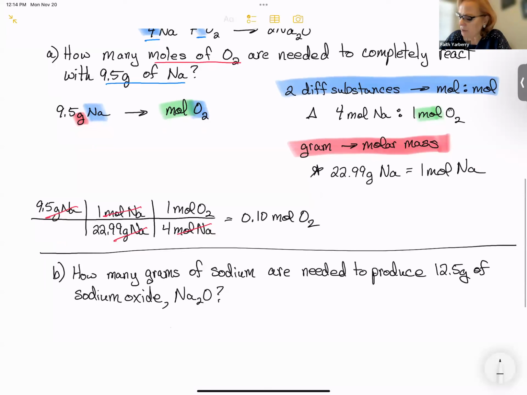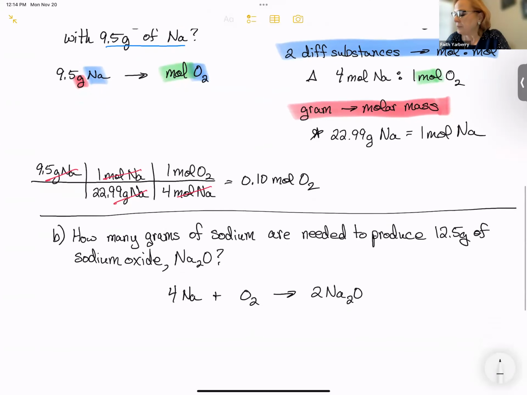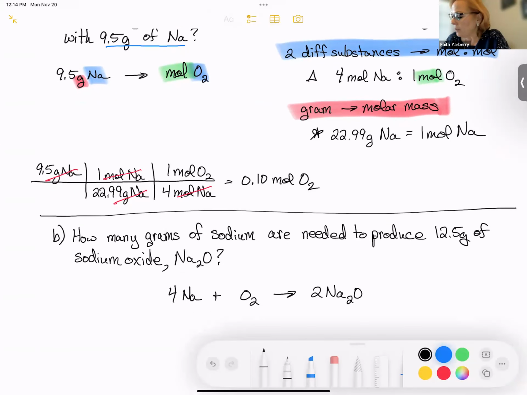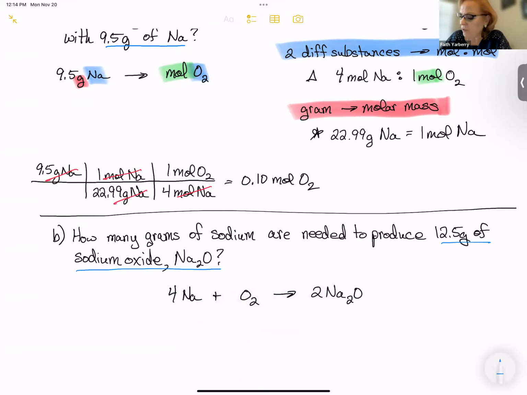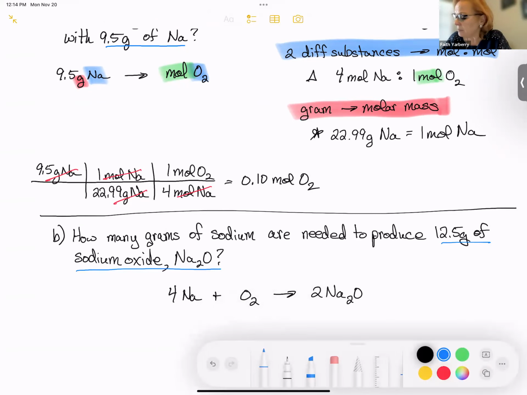Just so that we have it present, I'm rewriting the equation from the previous question, just so that we can see it all together. Okay. We're going to look at what we were given. We were given 12.5 grams of sodium oxide.